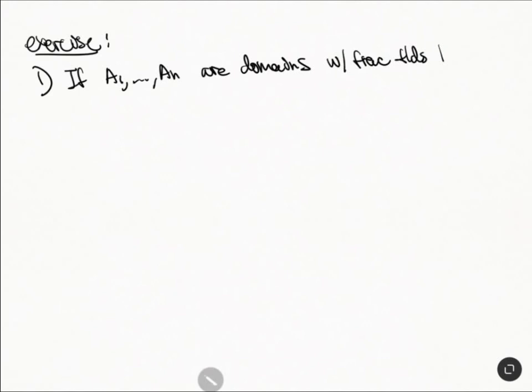Okay, so the exercises that we need to do this: if A1 through An are domains, so we just do the product version. Okay, so this one's not so hard. With fraction fields, let's say L1 up to Ln, then the integral closure in this product is what you'd expect it to be.